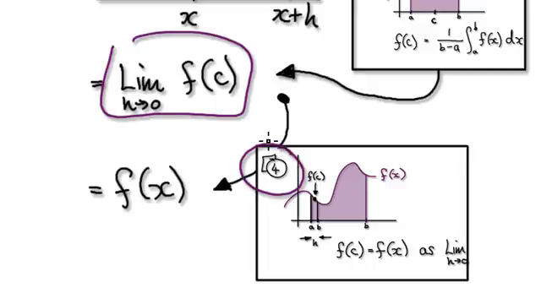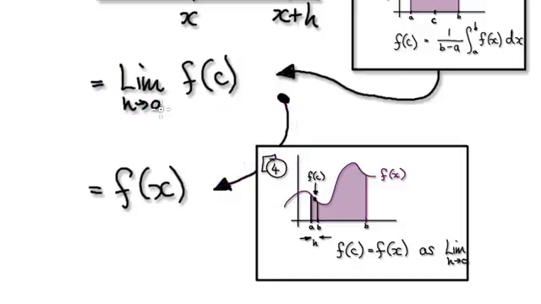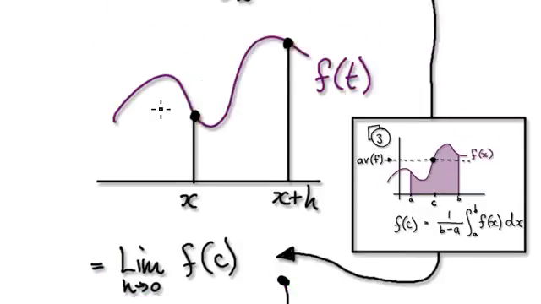From here we can apply one of the earlier concepts that will take us to here. Remember f of c: there must exist a c somewhere between here and here. As you decrease h, remember h represents the gap in between, as h tends to 0, f of c is always trapped somewhere in between.